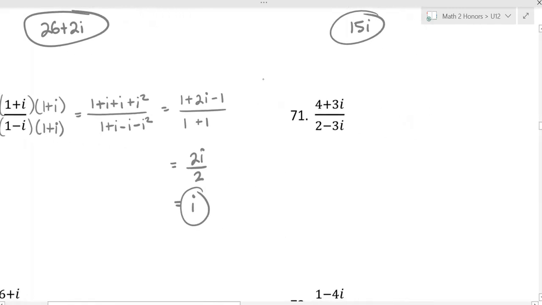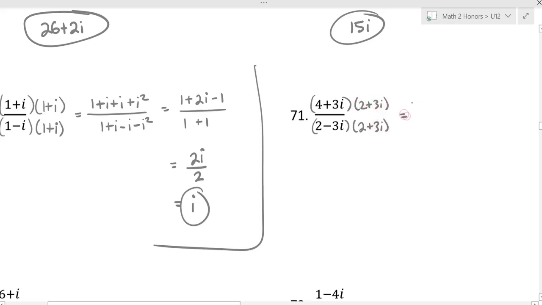Number 71, work the same way, multiply by the conjugate, 2 plus 3i. Work through that.